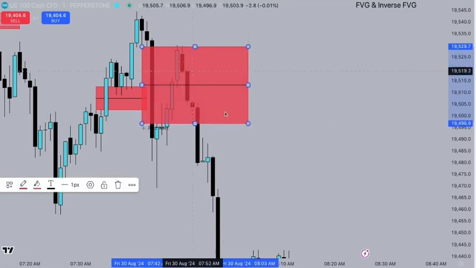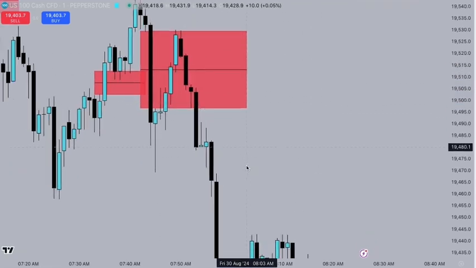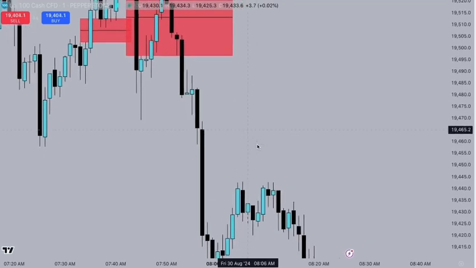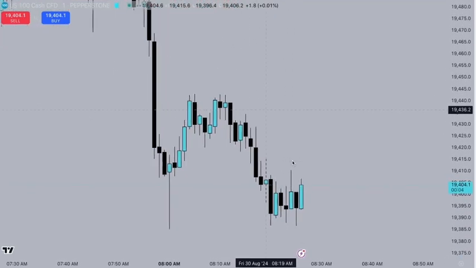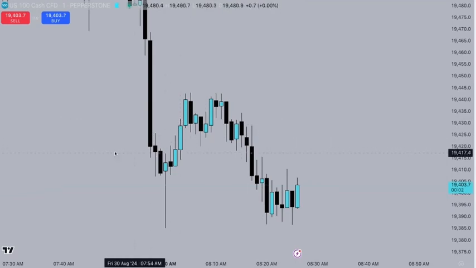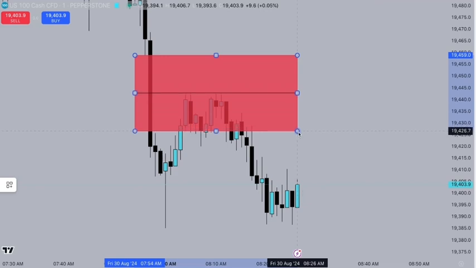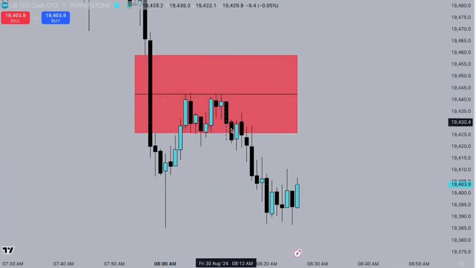Price went into it completely and back out. And then we have this one right here. Price went into it to the midpoint and then back down.